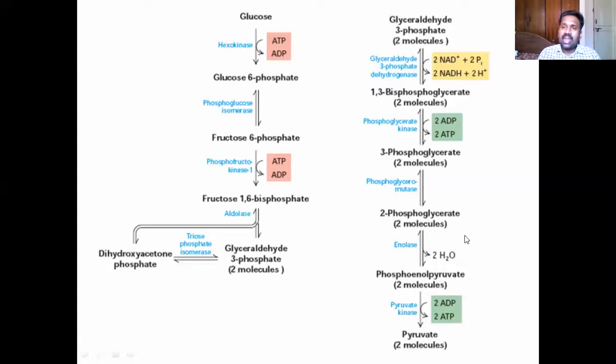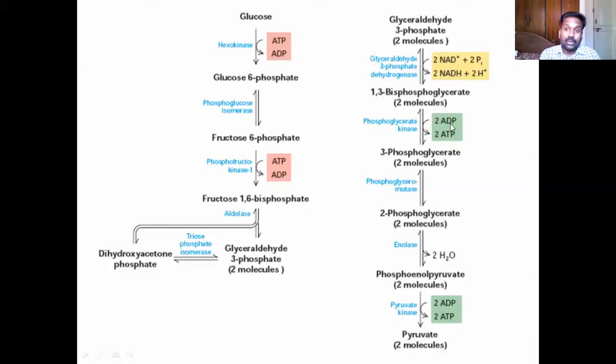Good. How many ATPs are produced? Tell me. 4. 4. Where are those 2 substrate level phosphorylation steps? Here. See here. Diphosphoglycerate to phosphoglycerate. ADP is converted to ATP.